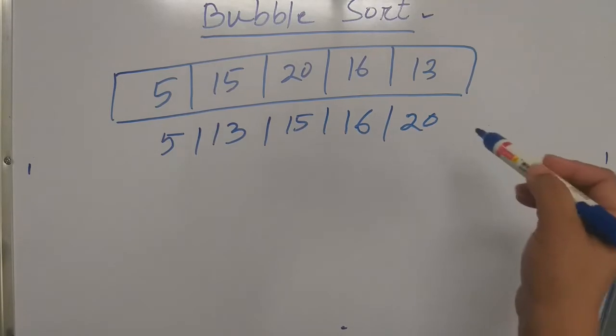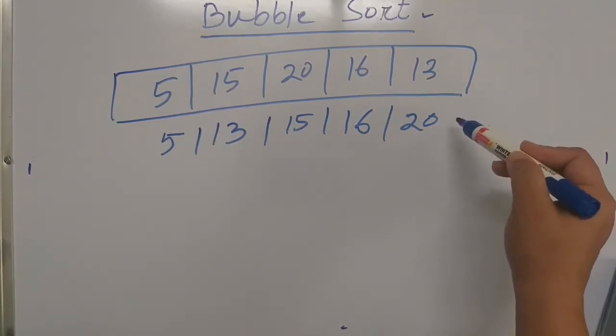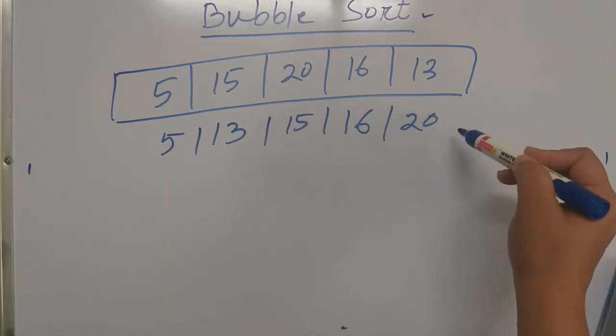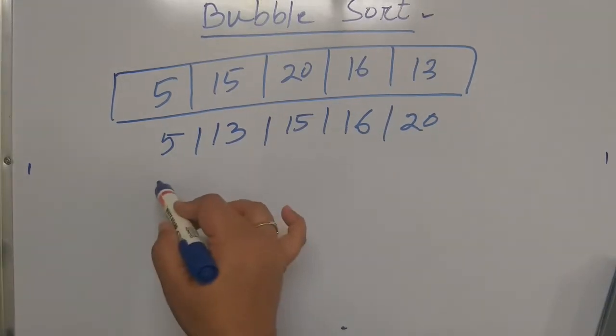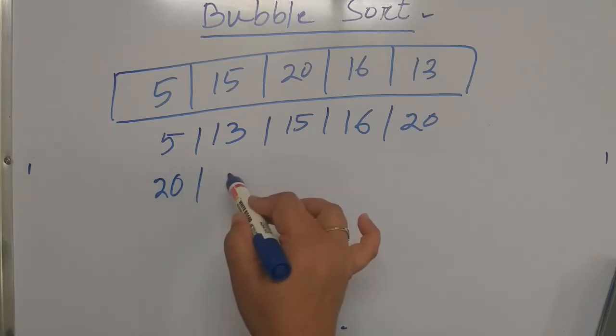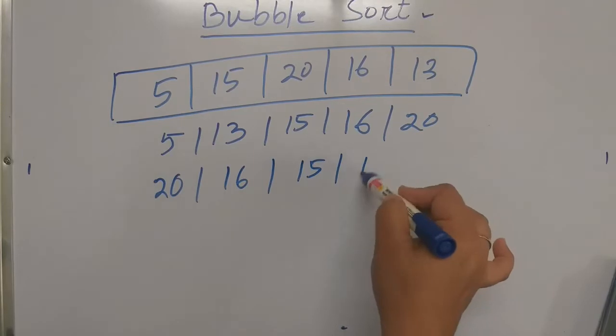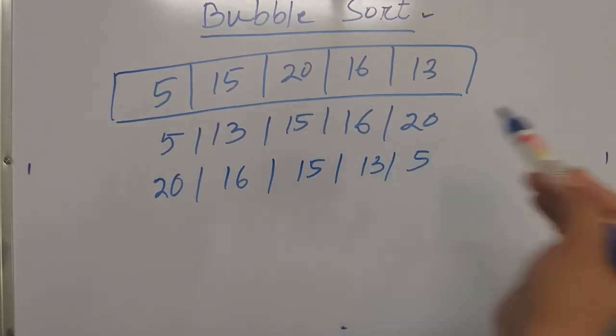This type of list is called a list in sorted order, sorted in ascending order. If we sort that list in descending order, the answer is 20, 16, 15, then 13, then 5.